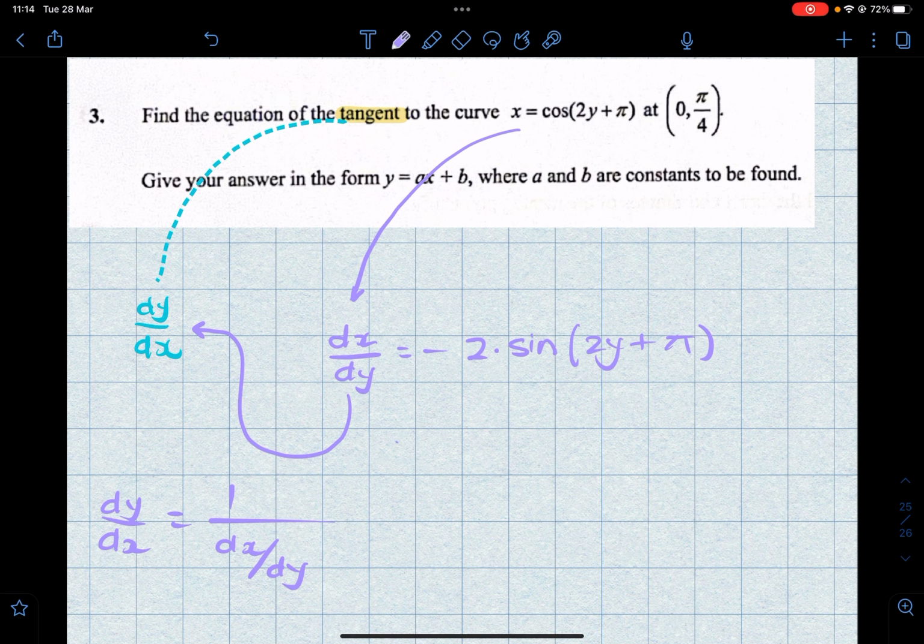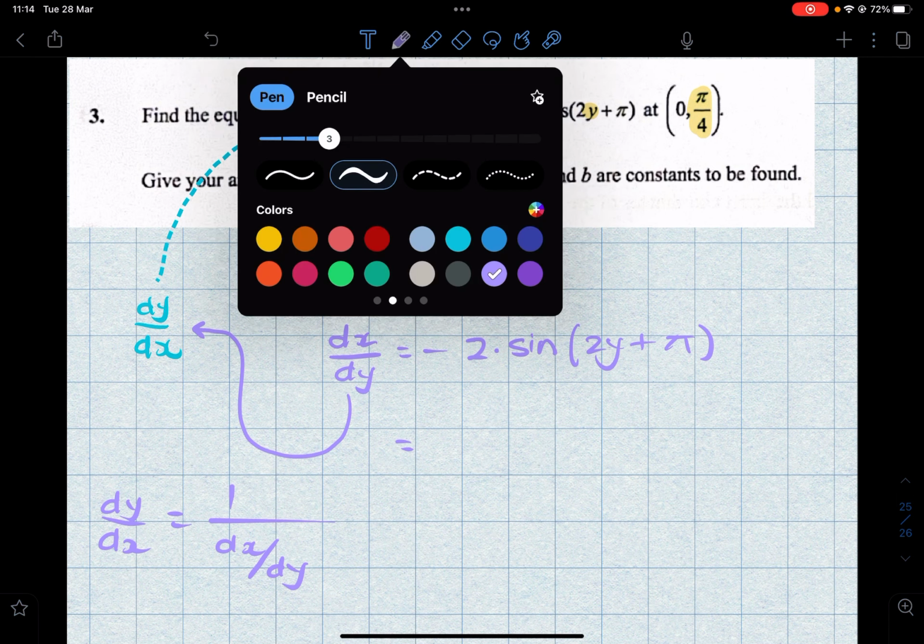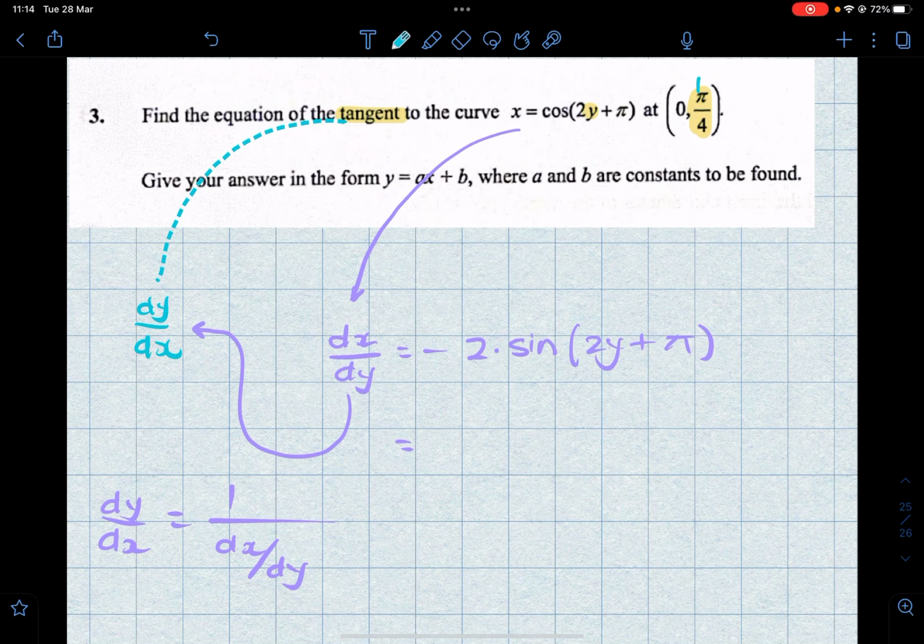And if you substitute y equals pi over 4 and you put that in a calculator, you get 3 over 2 pi, I think.